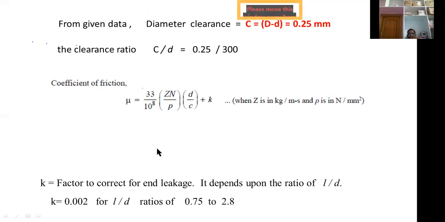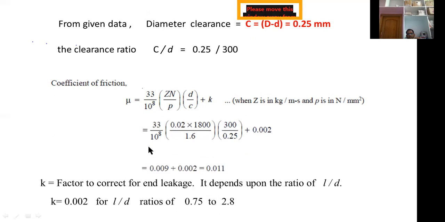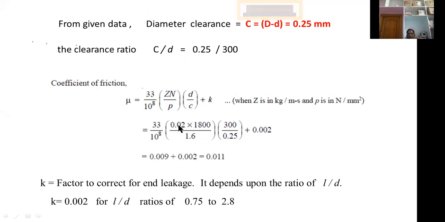Here small k is the leakage factor, the end leakage factor. For the L by D ratios 0.75 to 2.8, you have to consider k equal to 0.002. So you have to substitute this value. So finally the value of coefficient of friction equal to 33 by 10 power 8, Z equal to 0.02 into N equal to 1800 and P equal to 1.6. These three values are already given in the question, and the D by C ratio is the reciprocal of this value, that is 300 by 0.25, plus 0.002.